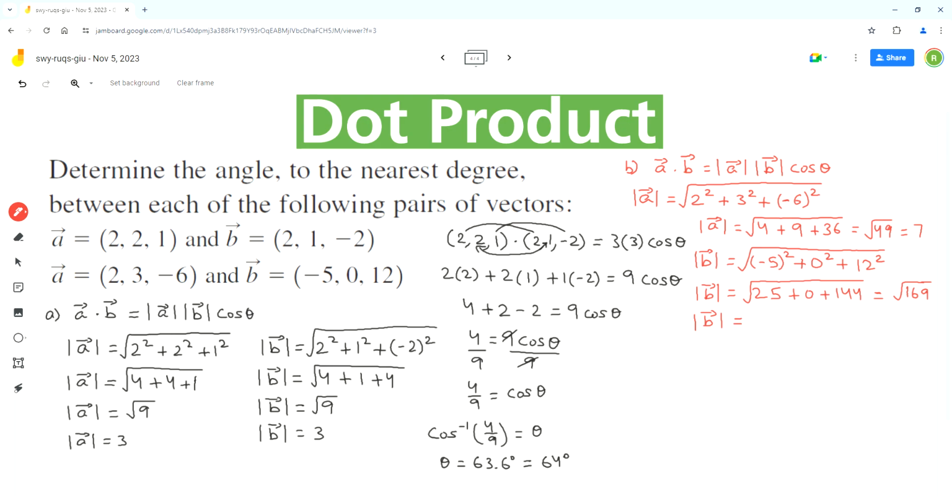And square root of 169 is equal to 13. Now we can sub in the values in the dot product equation. So we'll start with vectors A and B on the left side.